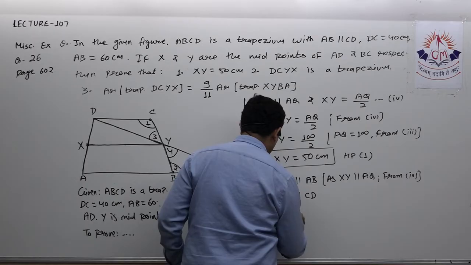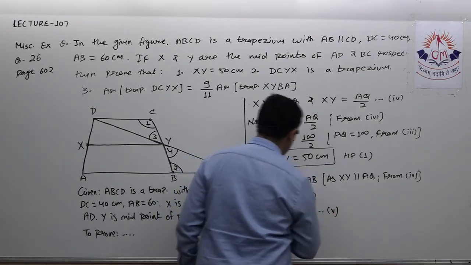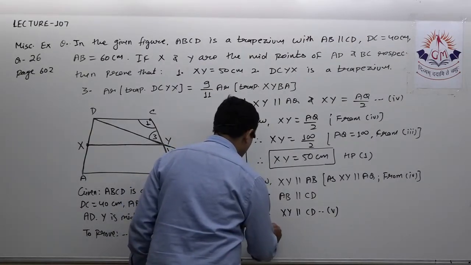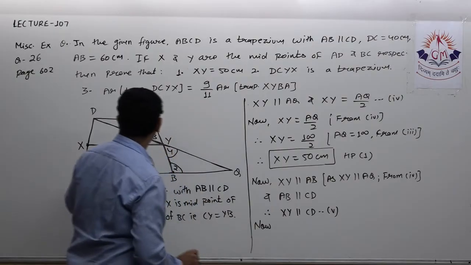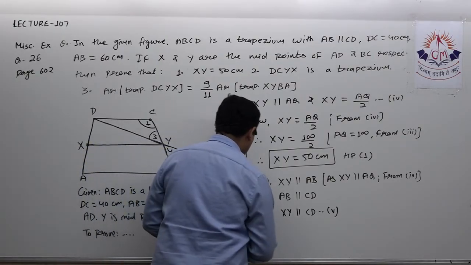Therefore, XY is parallel to CD. Let it be 5th.